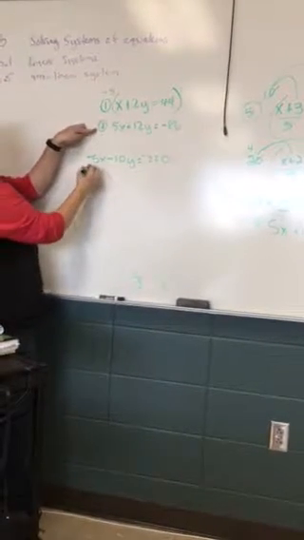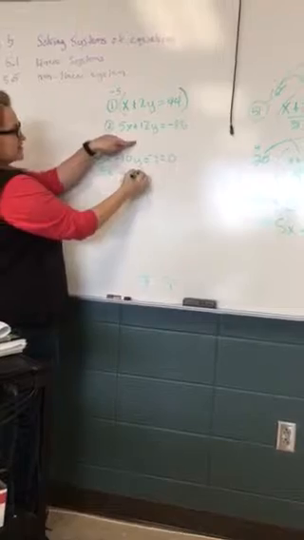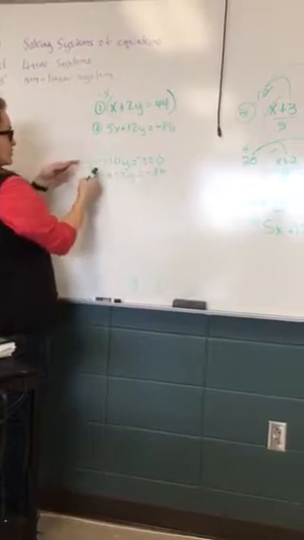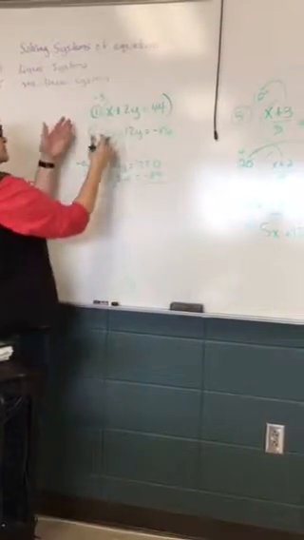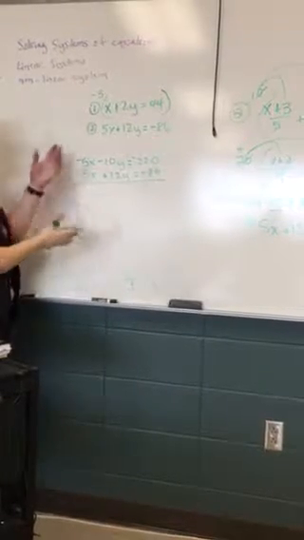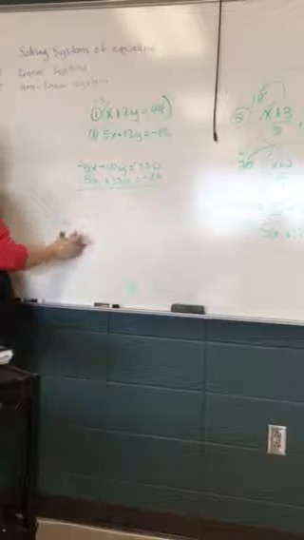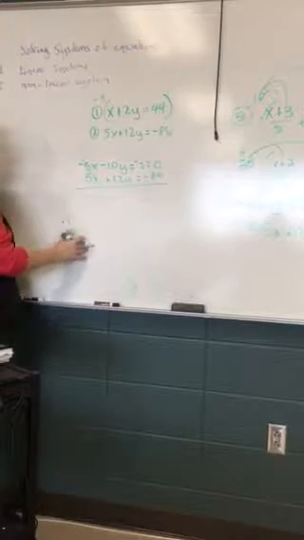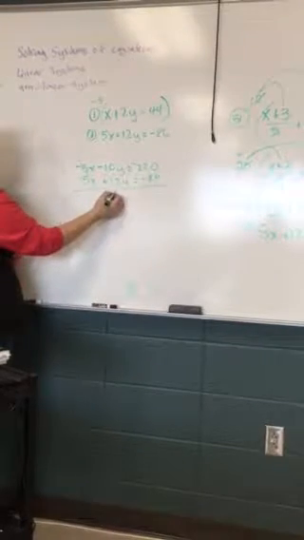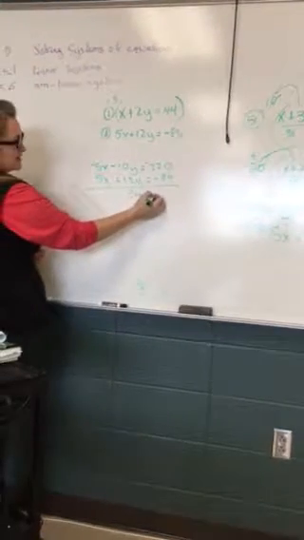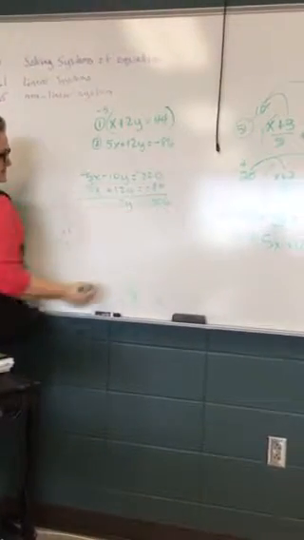Then equation 2 doesn't need any prep done to it. It's already going to work to have opposite x's there. Sometimes you have to do something to both equations, but not on this. So then when I add down, the x's cancel as our design was. Negative 10y and 12y is 2y. And then that's negative 306.